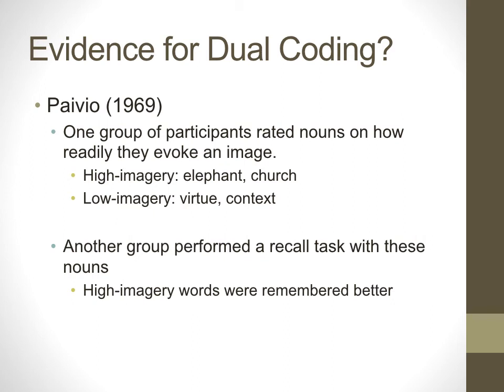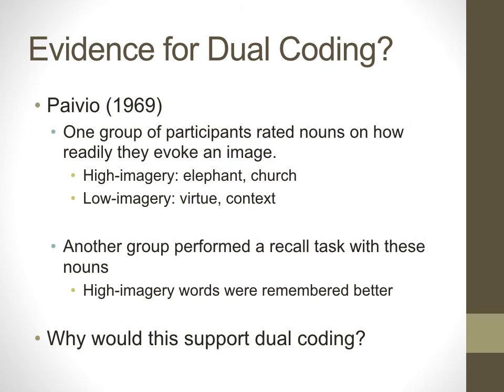As a second step, a new group of participants was asked to memorize the list of words, and it showed that participants were more able to remember high imagery words than low imagery words. So one group rated the words as high imagery or low imagery, and the other group was given the same nouns and showed that the high imagery words were remembered better.